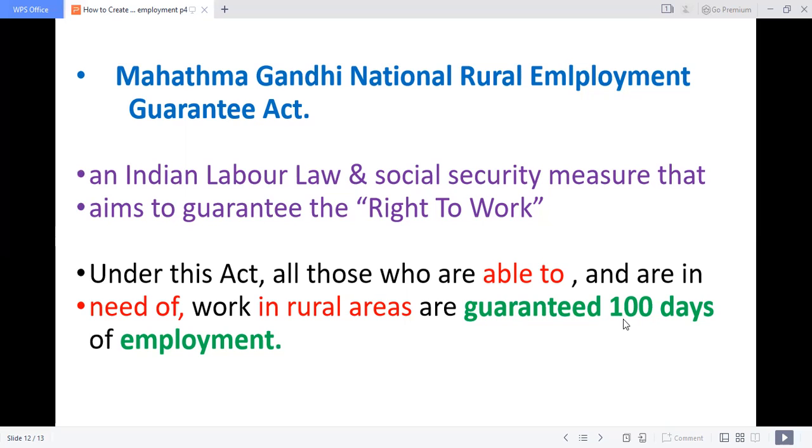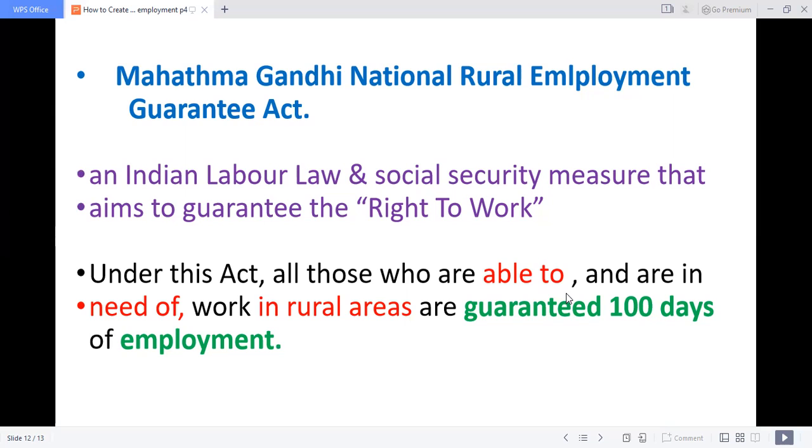So this act guaranteed 100 days of employment in rural areas to those who are able to work and in need of it. Now it has been proposed to increase it to 150 days. When it is going to be implemented, we do not know, but it will be done.